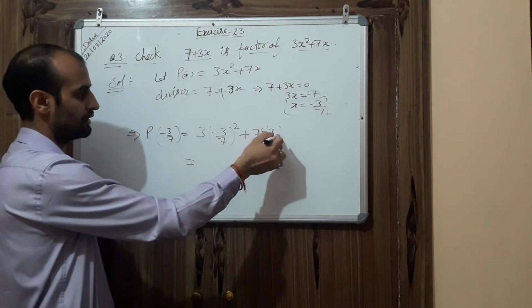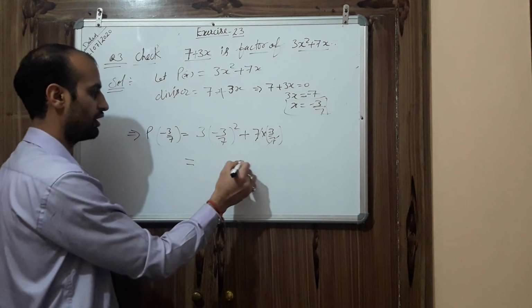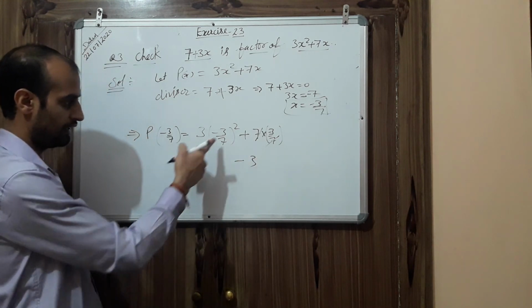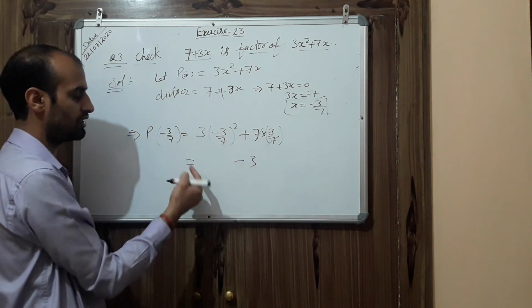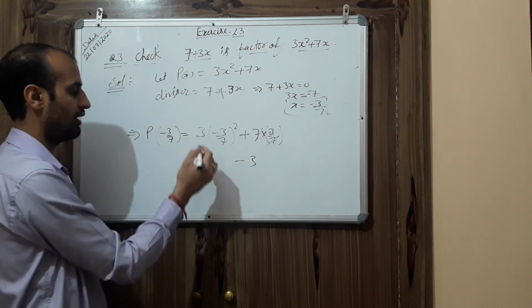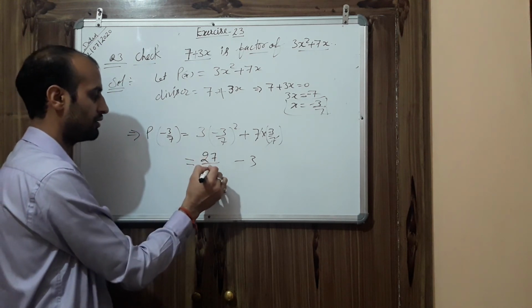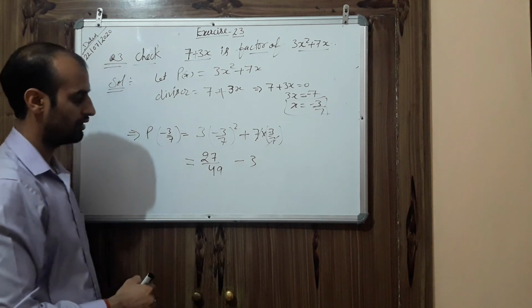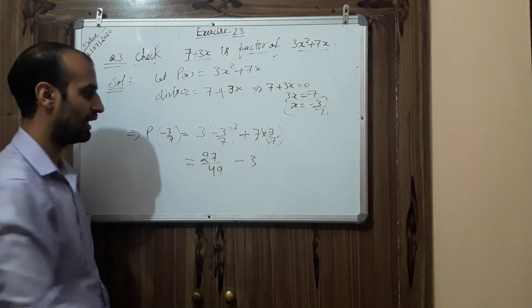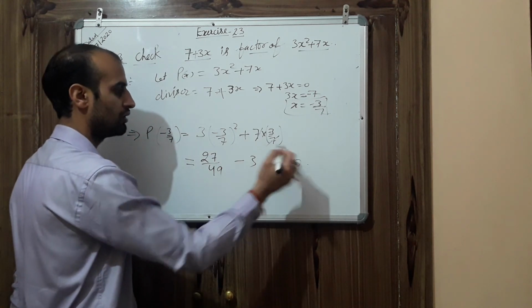Here you can cancel 3 and 3. What you will get? Minus 7, and 7 times 7 is 49 upon 3. So definitely we will subtract it. That is not equal to 0.